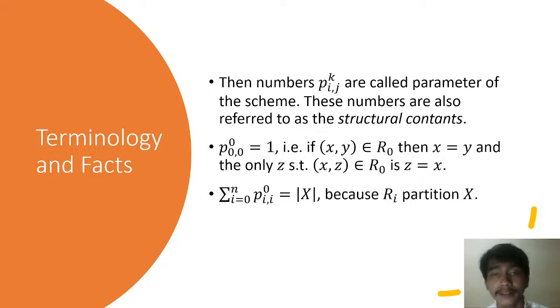P000 equals 1, that is, if (x, y) is in R0, then x equals y, and the only z such that (x, z) is in R0 is z equals x. And the sum of Pii0 equals the number of elements of X, because the Ri partition X.